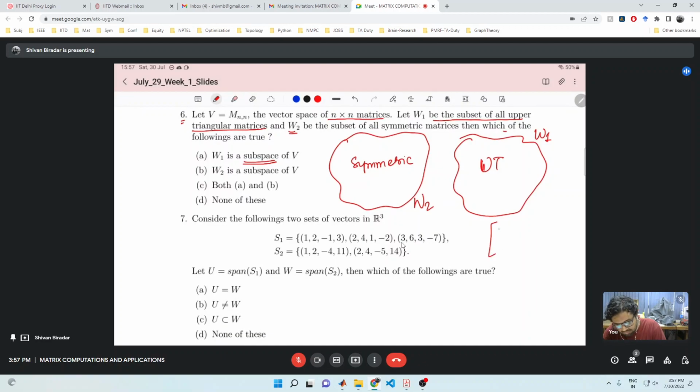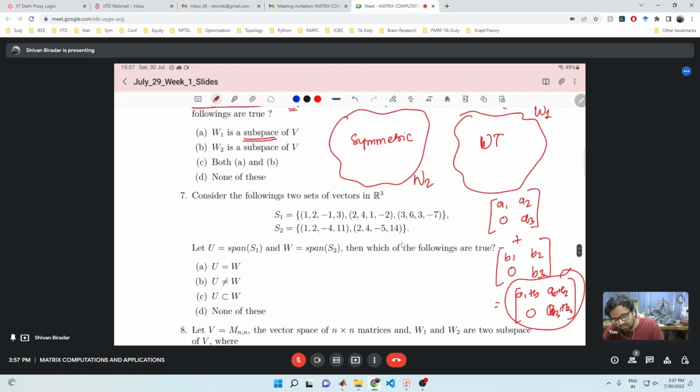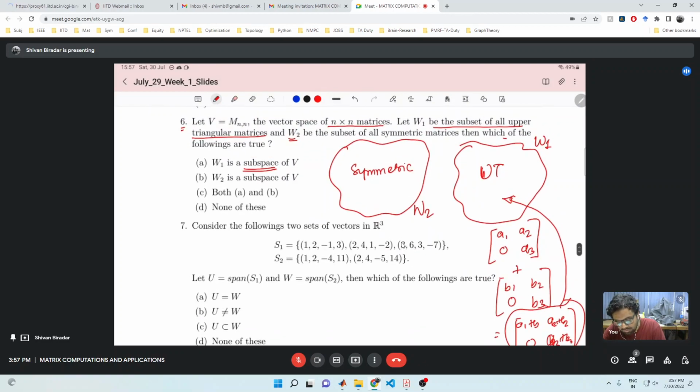So let us take an example. A1, A2, 0, A3. This is two-dimensional, right? I'll take another example: B1, B2, 0, B3. If I add these two, I'll get another matrix: A1 plus B1, A2 plus B2, 0, A3 plus B3. So this is again an upper triangular matrix, in this subset W1.